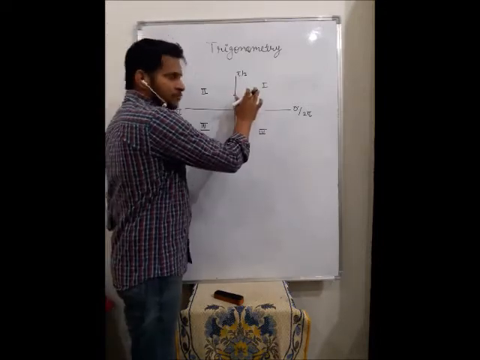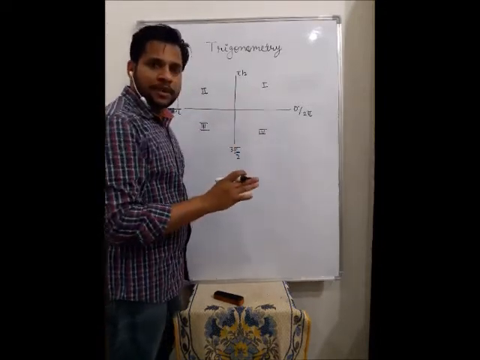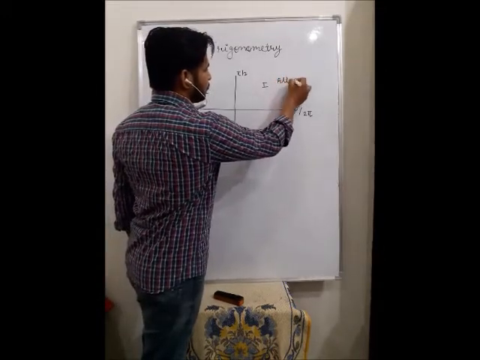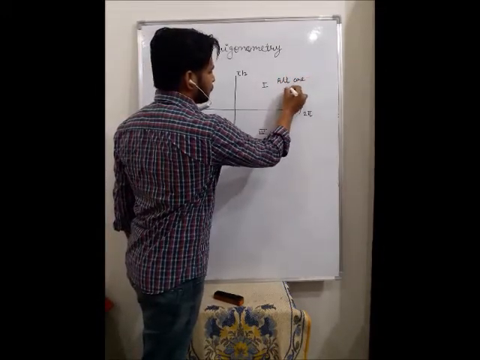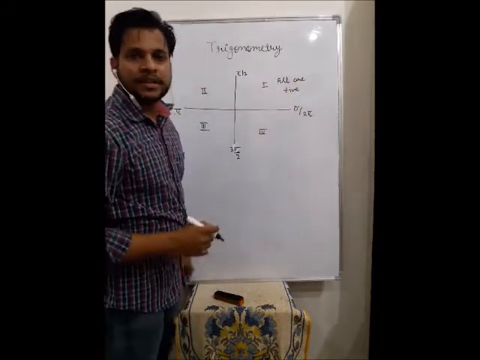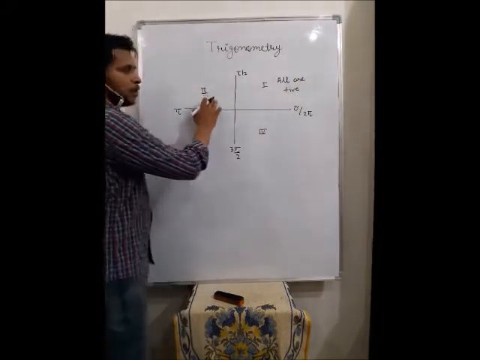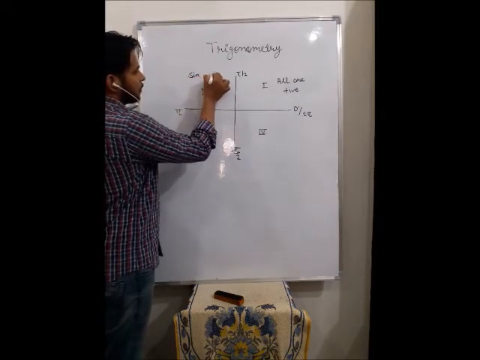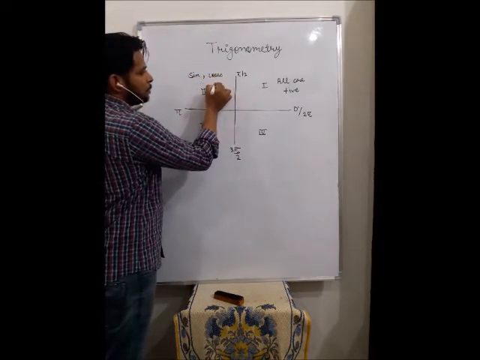Okay. So in first quadrant all trigonometric functions are positive. That means all 6 trigonometric ratios are positive. In second quadrant sine and cosec are positive.